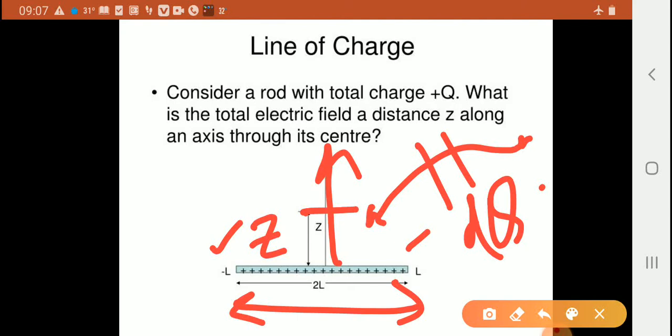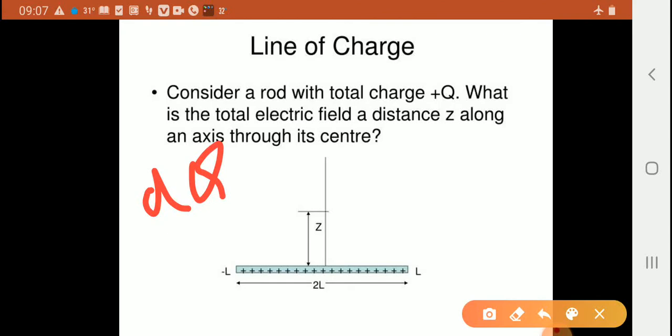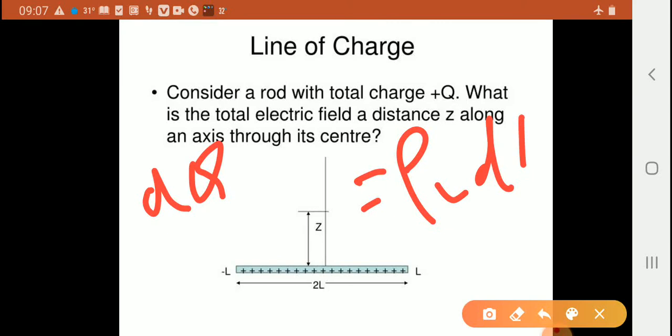The differential charge dq is equal to rho L dl. This differential charge dq is considered as a point charge.